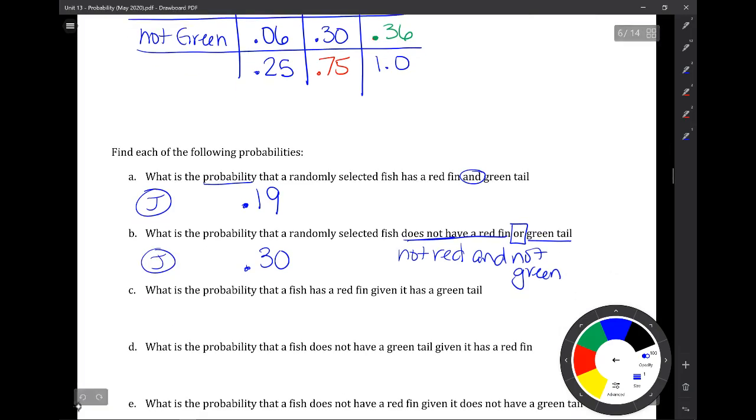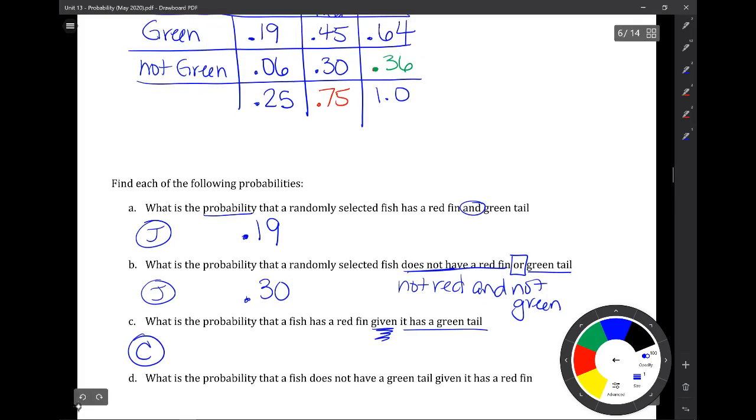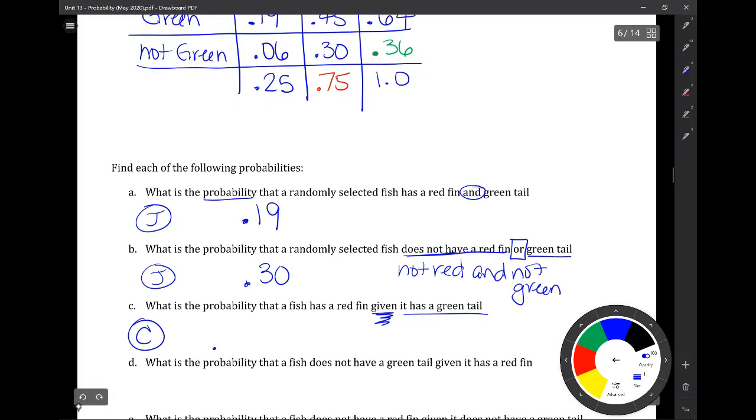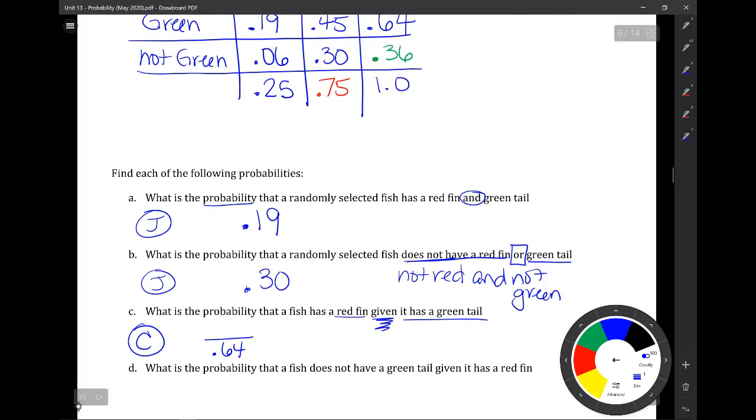What is the probability that a fish has a red fin, given it has a green tail? There's our secret word, given, so that's conditional. So given it has a green tail, in my two-way table, 0.64 will be our denominator because that is the marginal probability for a green tail. So given it has a green tail, what's the probability it has red fins? That would be 0.19 out of 0.64.